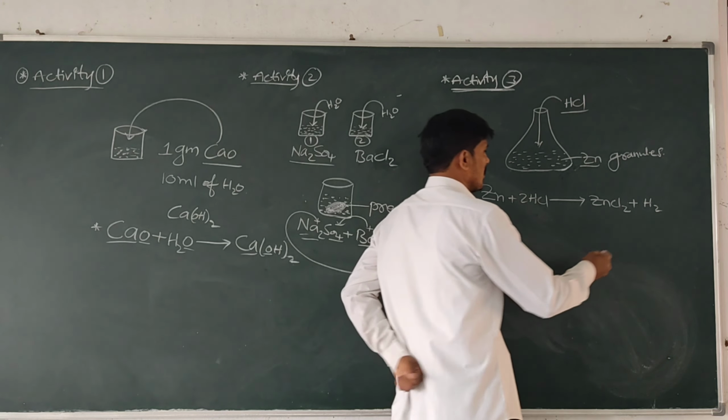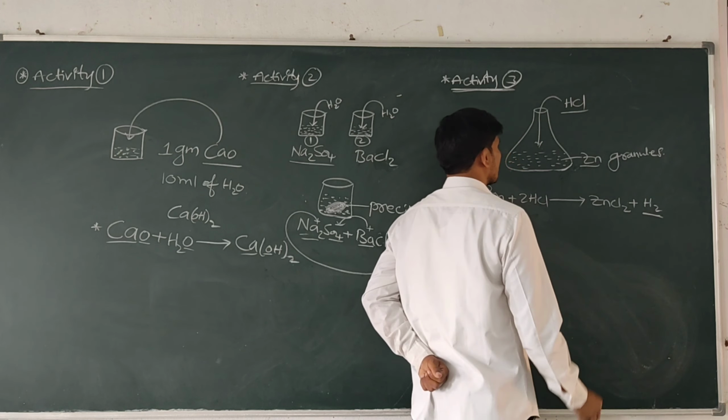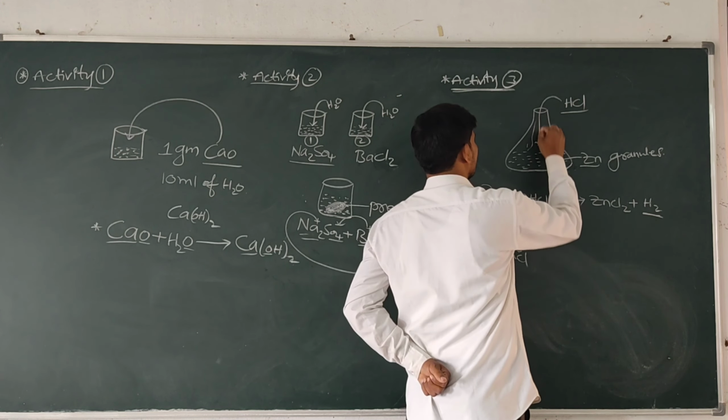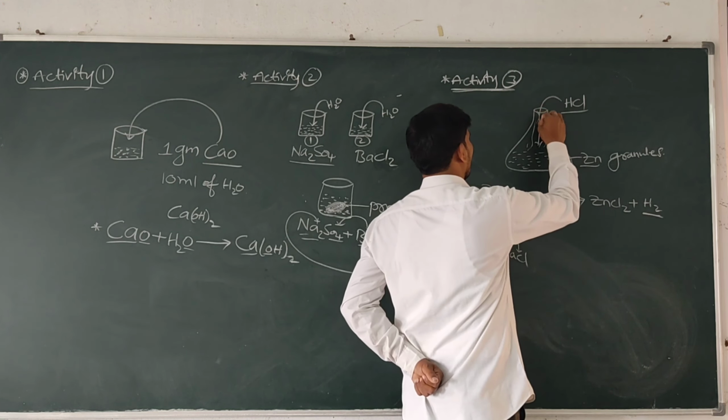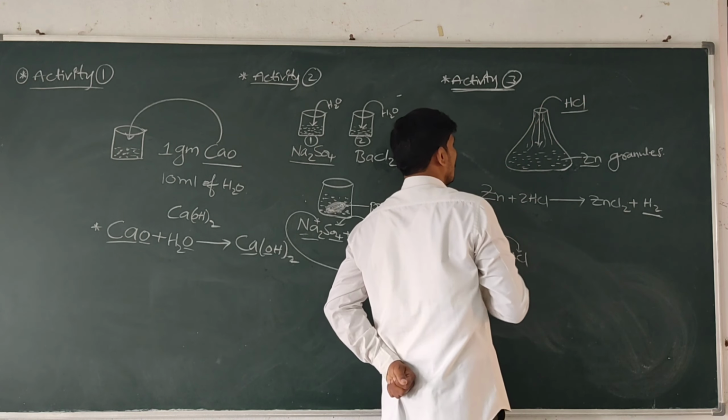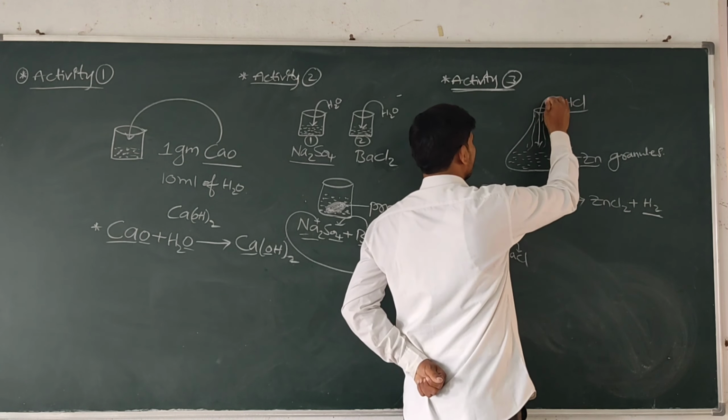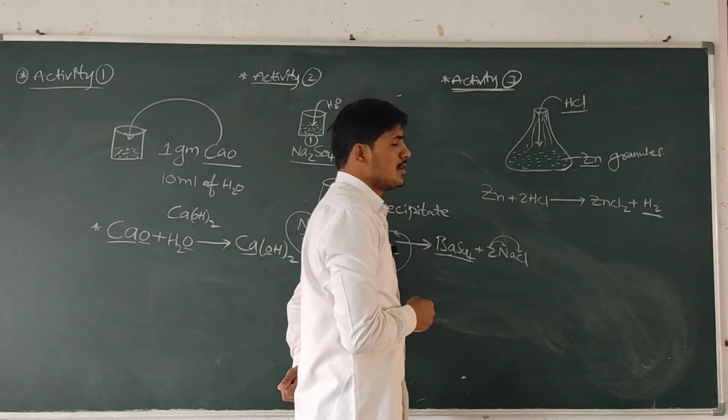How do we say that hydrogen gas is evolved in this experiment? When the chemical reaction takes place, gas is evolved from the mouth of the conical flask.